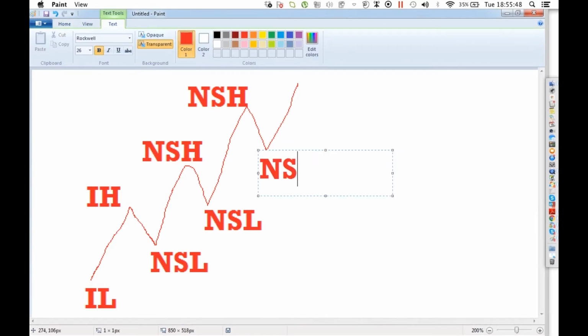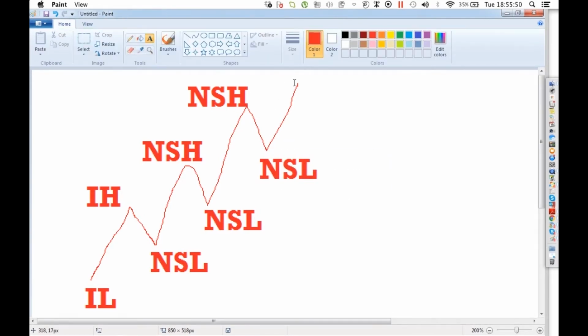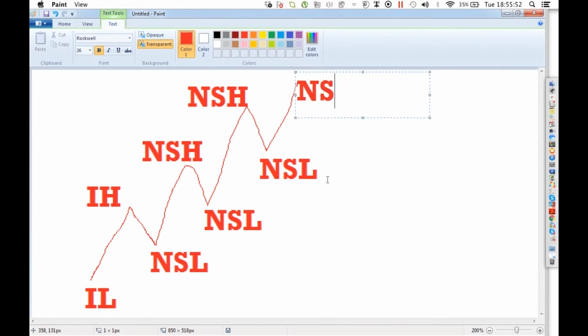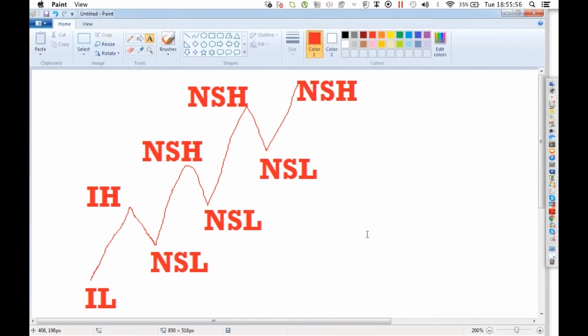Then we make a new structure low and make a new structure high. The new structure lows and new structure highs are going to be very important when understanding whether we have a bull market, buy market, or a bear market, sell market.